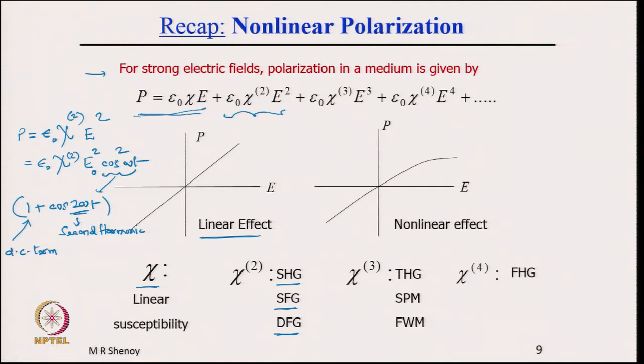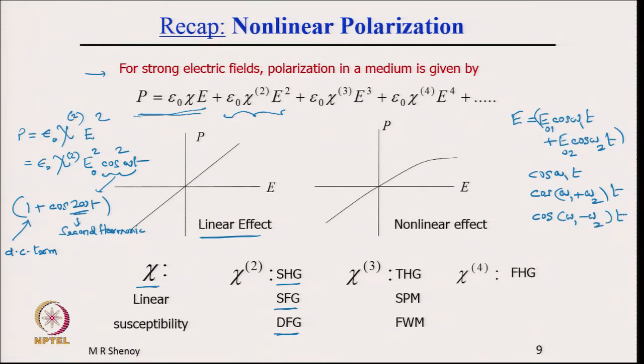Suppose instead of a single wave, if I had E is equal to E 0 1 cos omega 1 t plus E 0 2 cos omega 2 t, and then we substitute for this E in the same expression epsilon 0 chi 2 into E square, we will have cos omega 1 plus omega 2 t, we will have cos omega 1 minus omega 2 t, and of course, cos square omega 1 t, that is cos 2 omega 1 t and cos 2 omega 2 t.